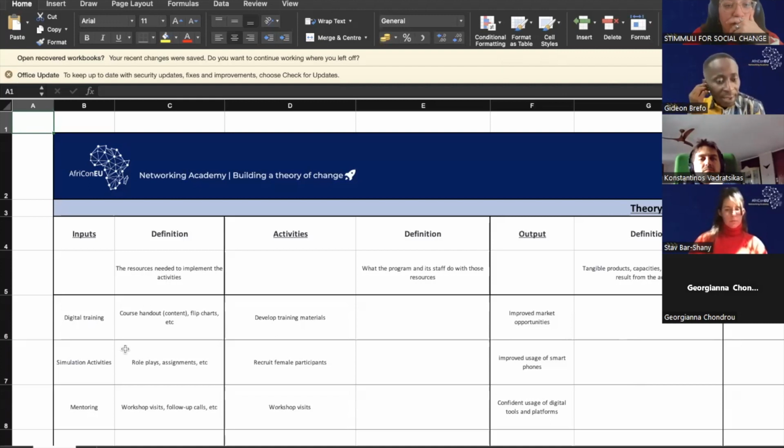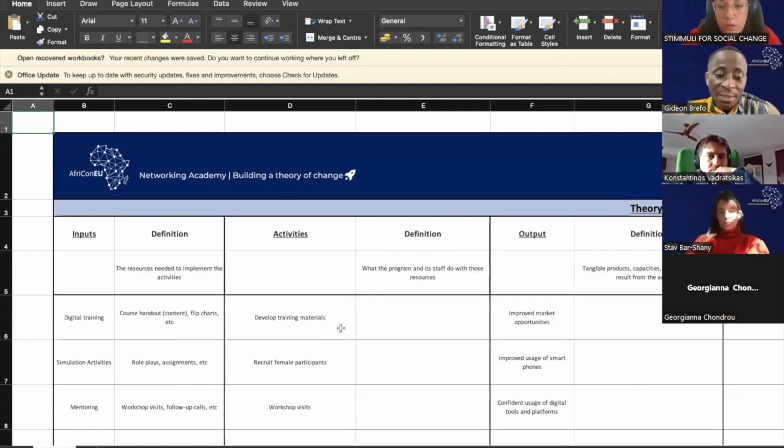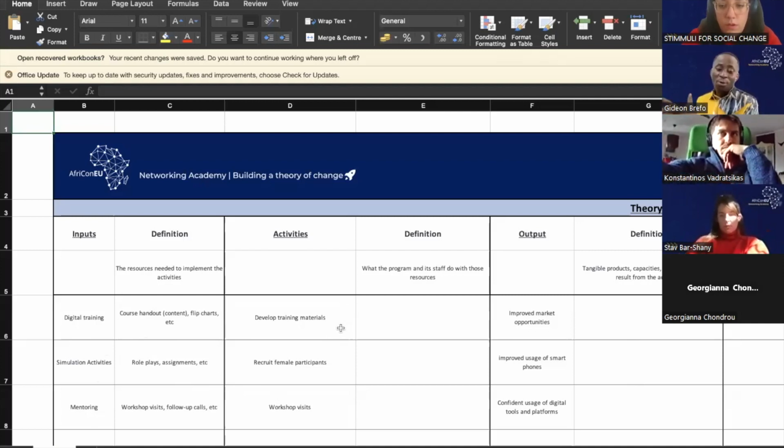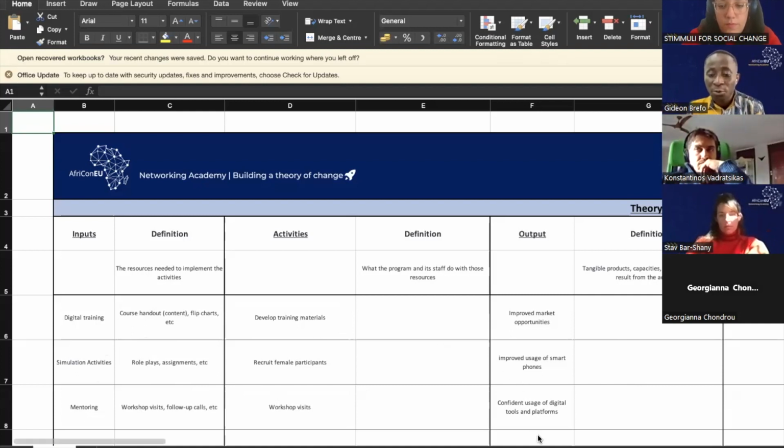So we had our inputs that were going to help us to achieve that: the digital training, the simulation activities, mentoring, and the coaching, and then the various activities, development of the training materials, the way we were going to recruit the women, and the workshop visits.